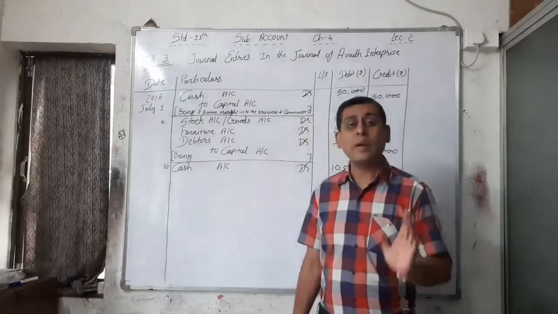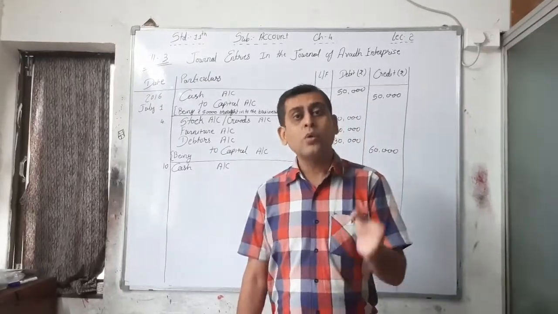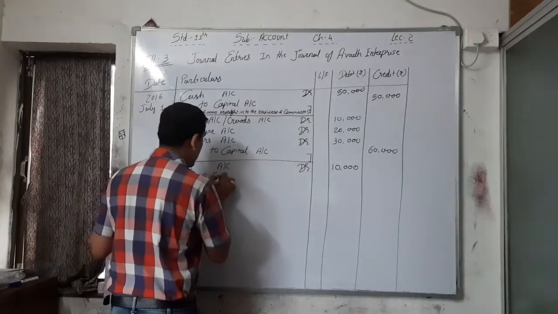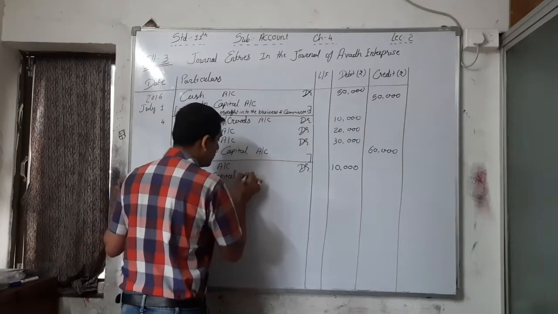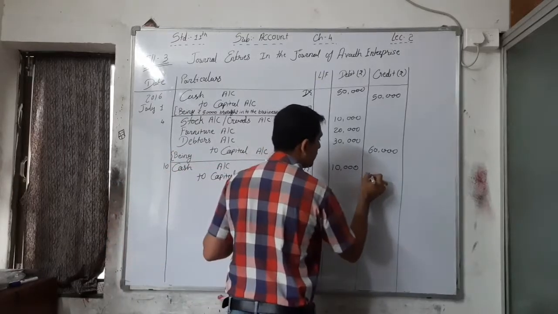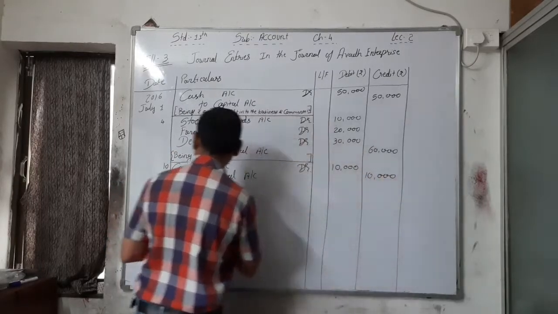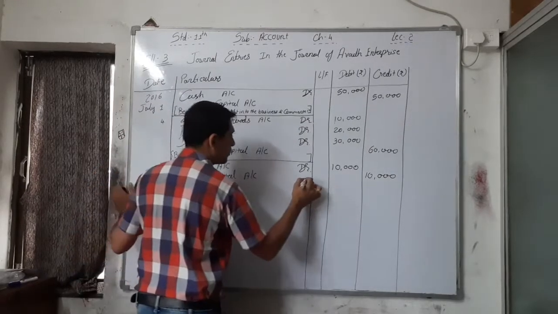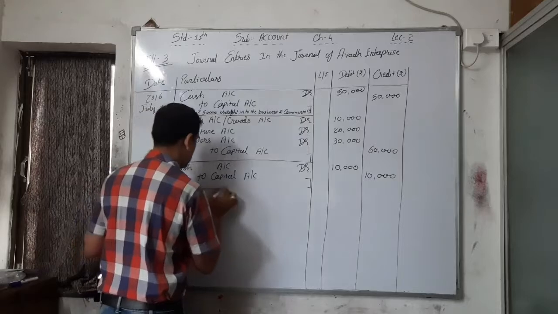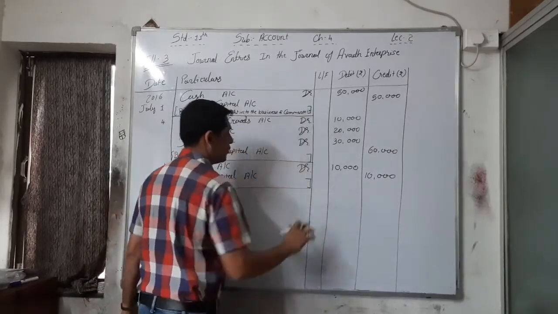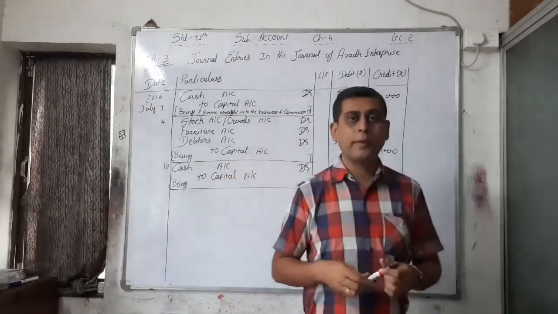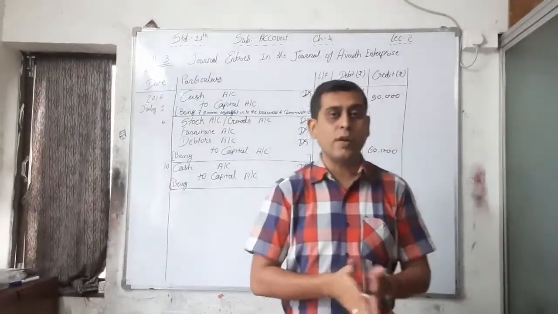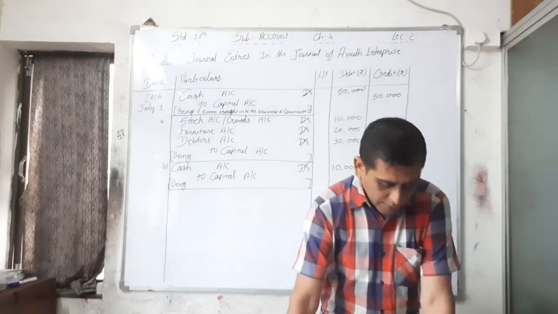So cash account debit with 10,000 to capital account, because it is brought by the owner, to capital account 10,000. Right? So being... okay. So here cash account debit to capital account 10,000. 10,000 is your entry of 10th July.